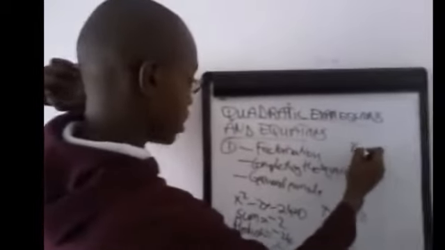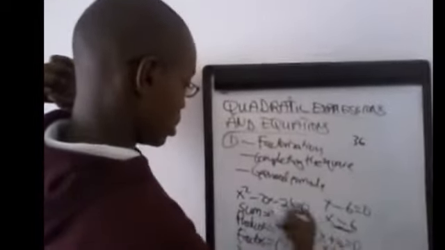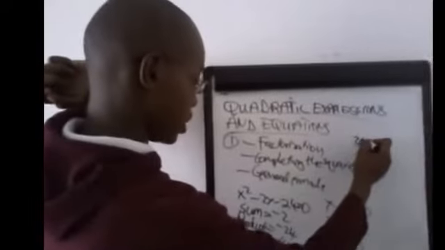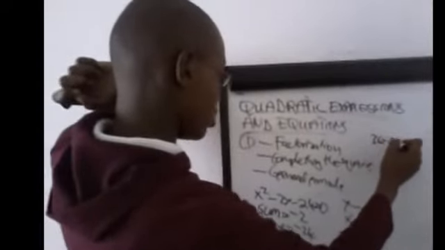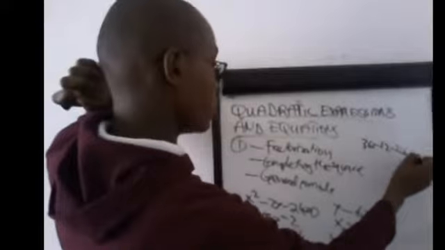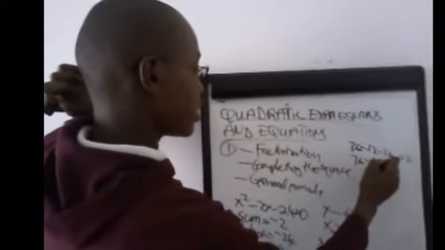And we can prove it: 6 squared will be 36, minus 6 times 2, which is minus 12, minus 24 equals 0. It will be 36 minus 36, which equals 0, so our answer is correct.